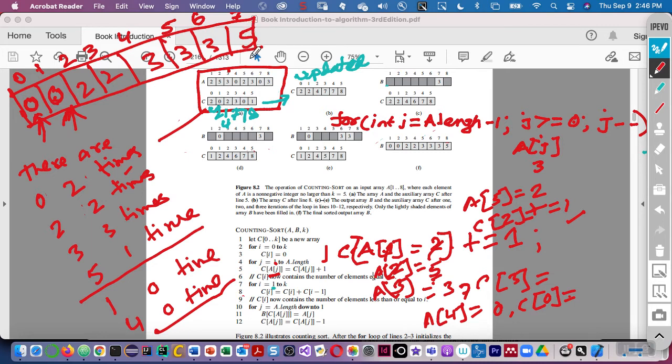Please give your sound, whether you understand or don't understand. You understand? So I'm getting the last index, and the value is 5.